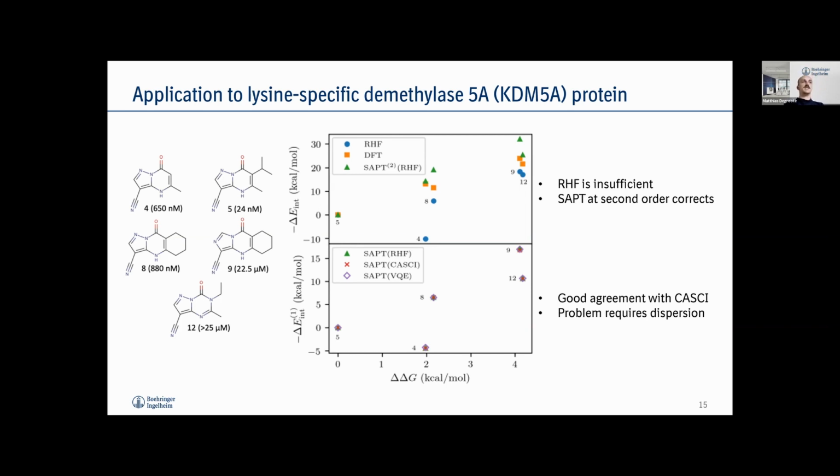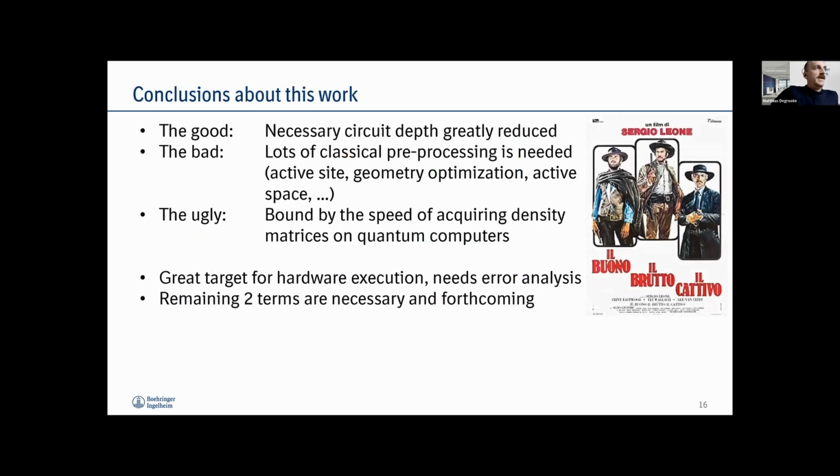So what this means is that we essentially need the second order polarization and exchange. But it was really nice to see that this VQE behaves as well as kcal, and you can indeed get numbers out of this that make sense. So the conclusions are that this is a really promising approach, because the necessary circuit depth to get a number that is meaningful is greatly reduced.